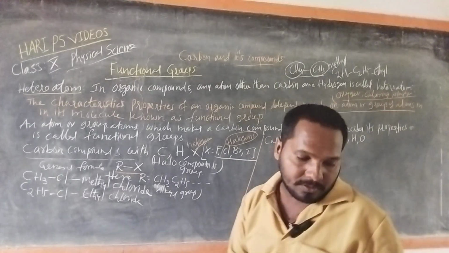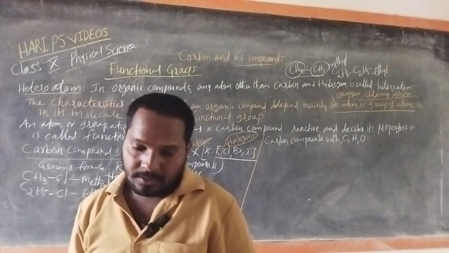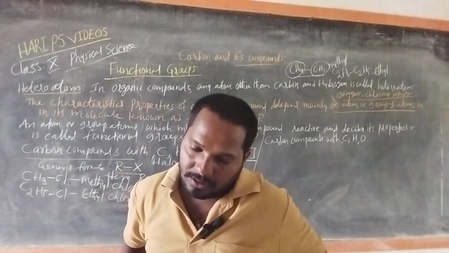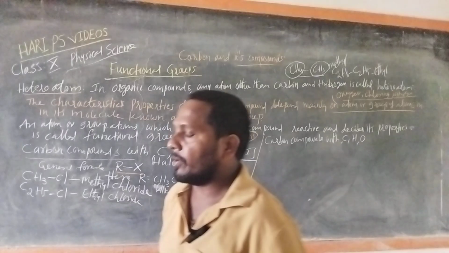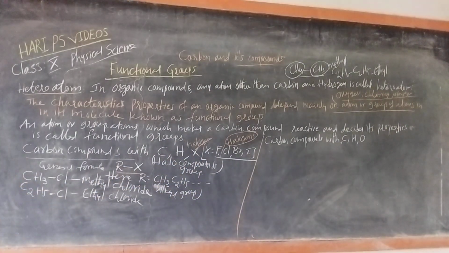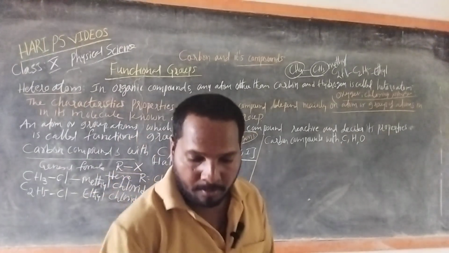There are different types of functional groups with carbon, hydrogen and oxygen. Right? Let us understand one by one.